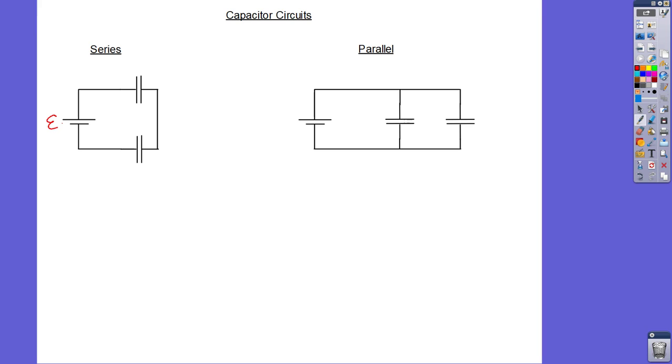So remember, in series in capacitor circuits, these are in series, and remember the equivalent capacitance in series, the rules are kind of switched from resistors. So in resistors, the equivalent resistance in series, you just add them up. This one you do the 1 over C1 plus 1 over C2 kind of thing.